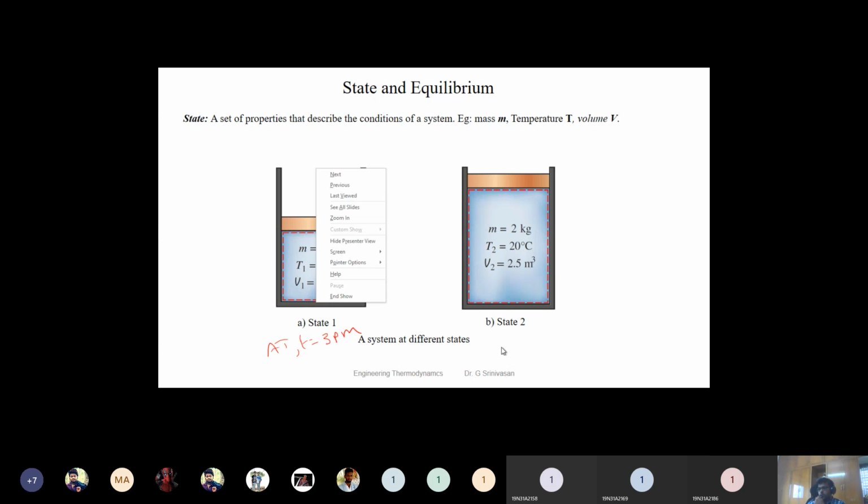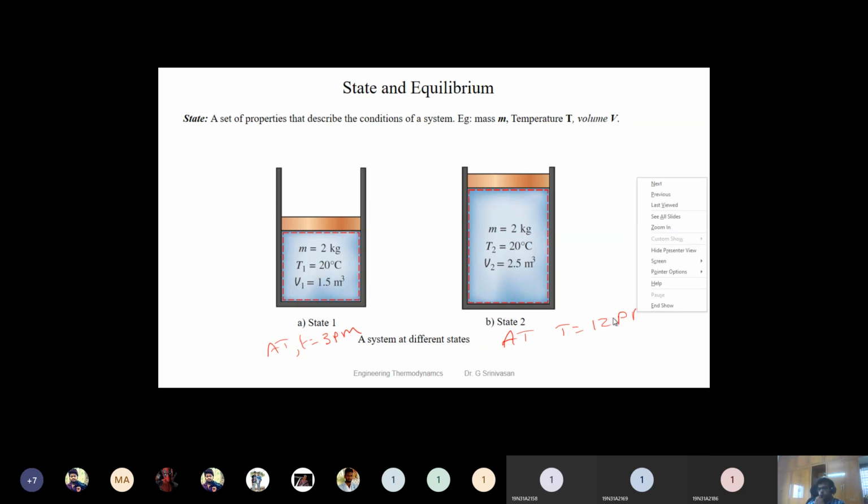If you look at the same system at 7 p.m., whether the properties are changing or not, if you are looking at a different time, then that is a different state. So the state is the set of properties that describe the condition of a system at that particular time. At 7 o'clock, what are the conditions that describe the properties of the system? That is called the state.